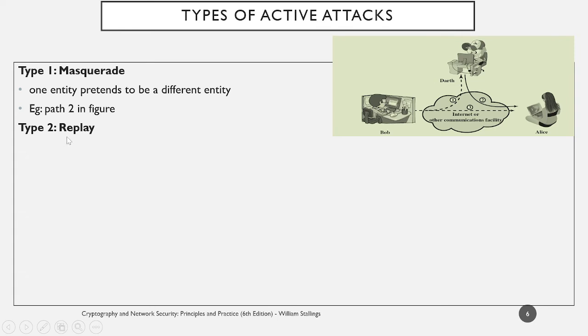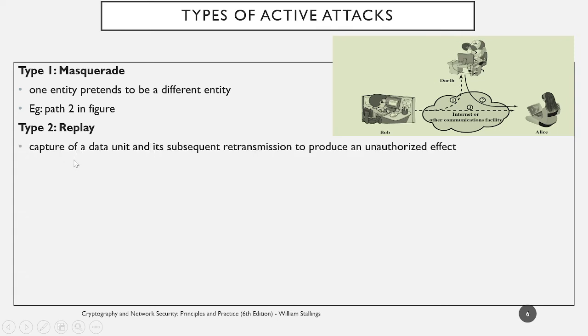The second type is replay. It is the capture of a data unit and its subsequent retransmission to produce an unauthorized effect. So maybe the actual message has been sent to the recipient side. The attacker may resend the messages multiple times so that it can produce an unauthorized effect. Example, paths 1, 2, and 3 in the figure.